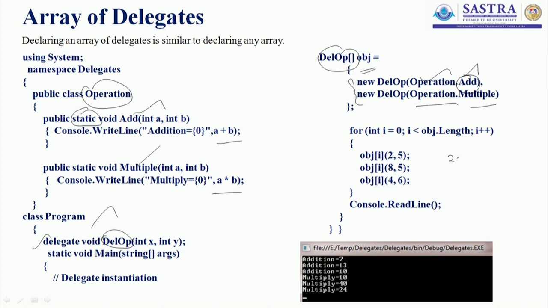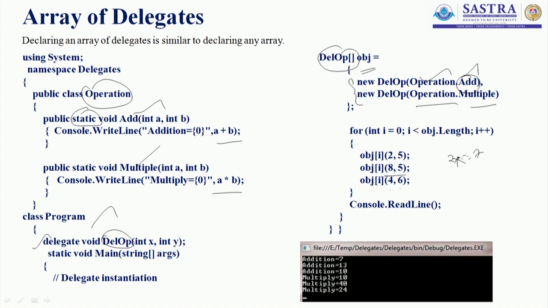What is the outcome of 2 plus 5, which is going to be 7, which has been displayed here. The same way 8 plus 5, 13 has been displayed here. 4 plus 6, 10 has been displayed here. Next it will be calling the multiplication activity. So 2 into 5, which will provide the outcome as 10, right.